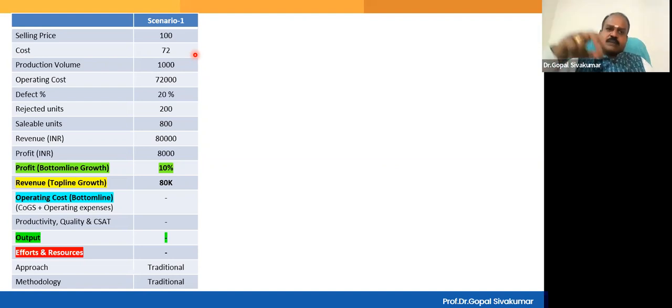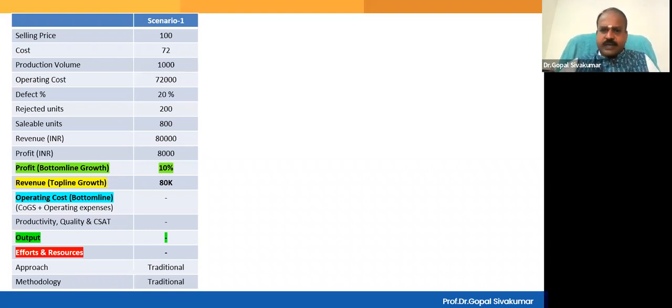But actually what happens in your factory? You have produced 1,000 units, but then you maintain a defect rate of 20%. It's not you maintaining, it's your process. Your process is capable of only doing a certain level of performance. It is having an 80% capability, which means 20% of the output that comes out of your process is considered useless because there is a problem in the product.